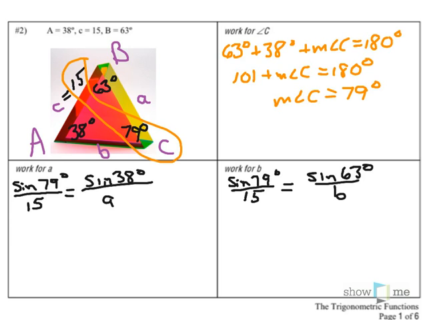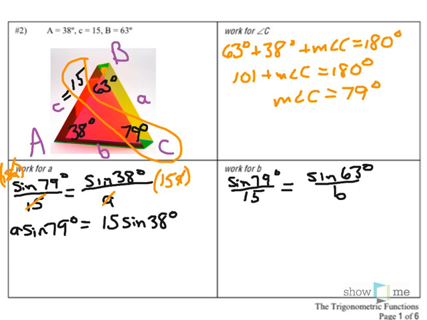So looking at the work for A, if we multiply both sides by 15 and A, on the left the 15's cancel, and that gives us A times sine of 79 degrees. On the right, if you multiply both sides by 15A, let me just show that I'm doing that, your A's cancel, which leaves you with 15 times sine of 38 degrees.